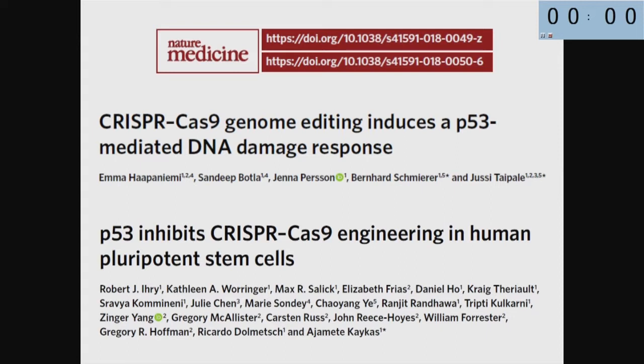The authors show that inhibiting DNA damage signaling improves the efficiency of editing in normal cells. However, inhibition of p53 leaves the cell transiently vulnerable to the introduction of chromosomal rearrangements and other tumorigenic mutations.